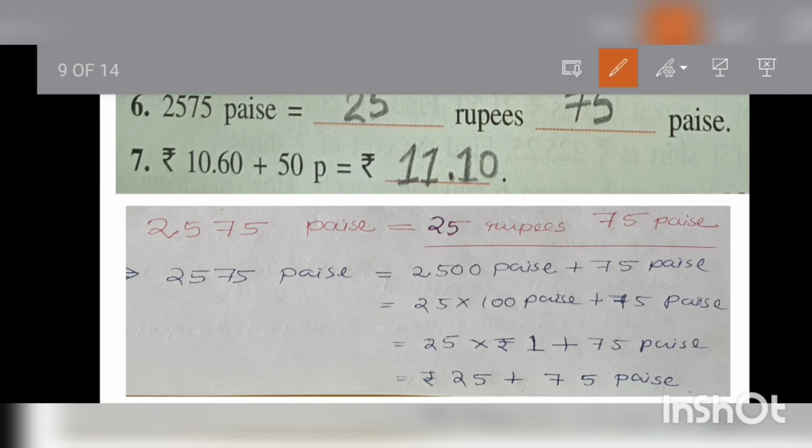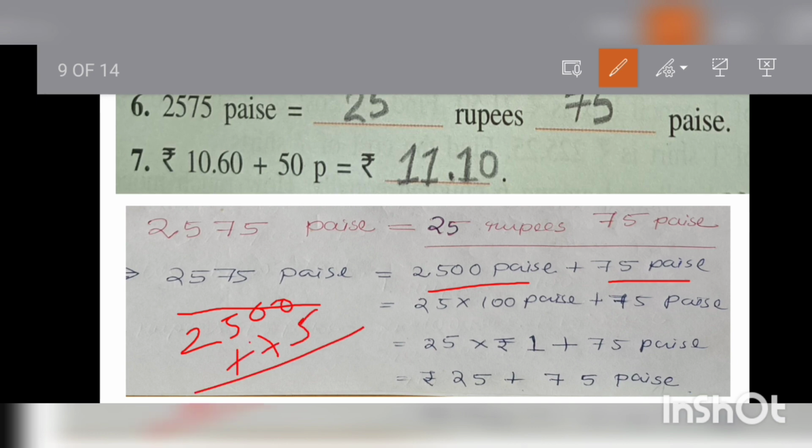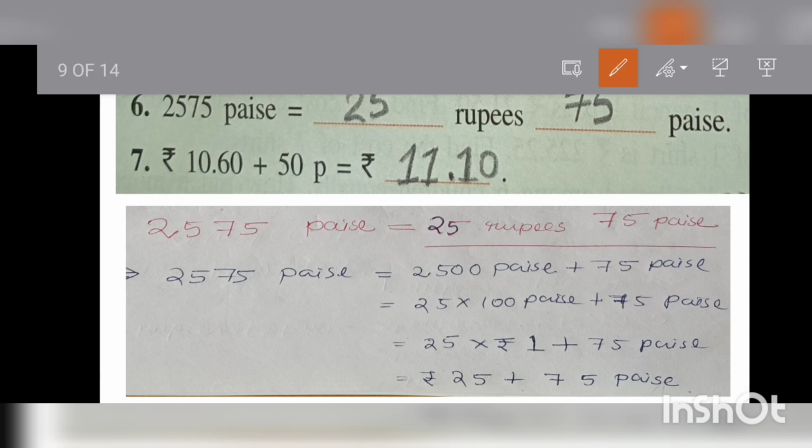So we can write 2575 paise as 2500 paise plus 75 paise, because when we add 2500 and 75, 5 plus 0 is 5, 7 plus 0 is 7, this 5 comes below and this is 2. When we add these two, we again get 2575 paise.